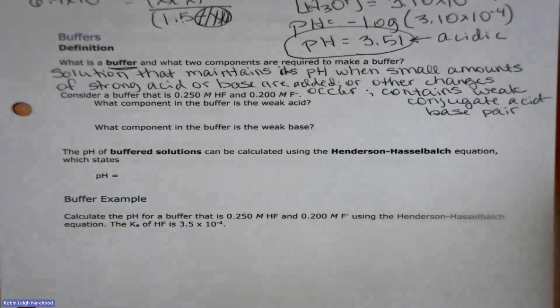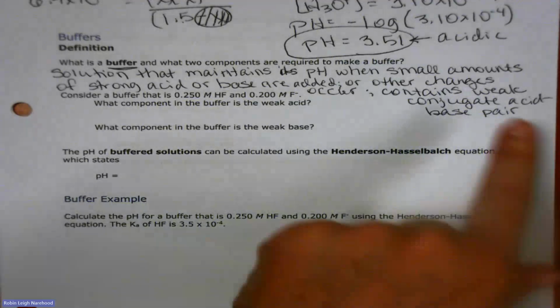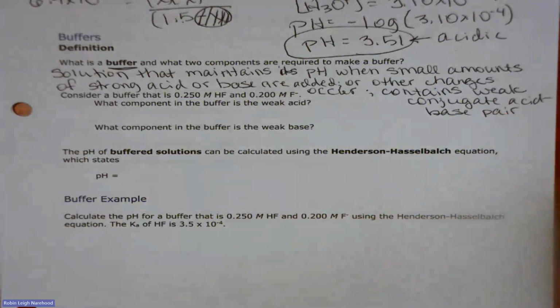It wouldn't just have an acid or just have a base. It would have a conjugate acid-base pair. The reason it needs to be weak is because strong acids and strong bases are not going to be in the same mixture as their conjugates. Strong is a one-way arrow. You cannot have both. If it was nitric acid, it's not going to be in equilibrium with nitrate.